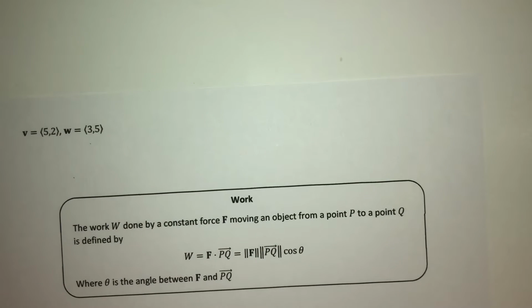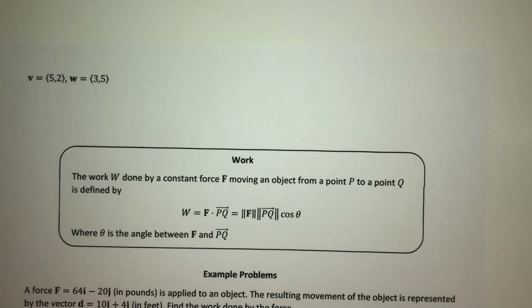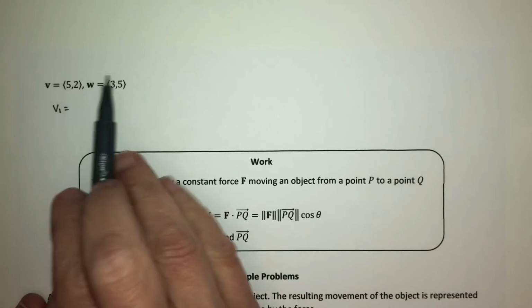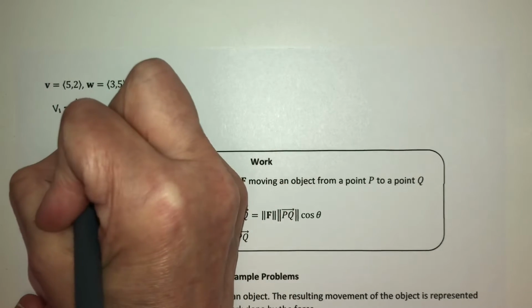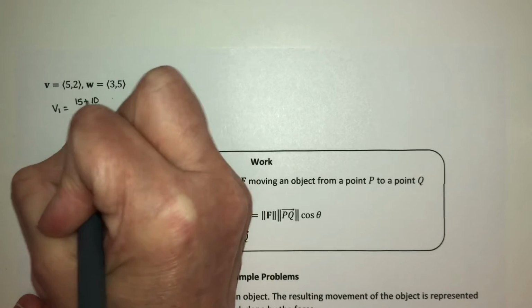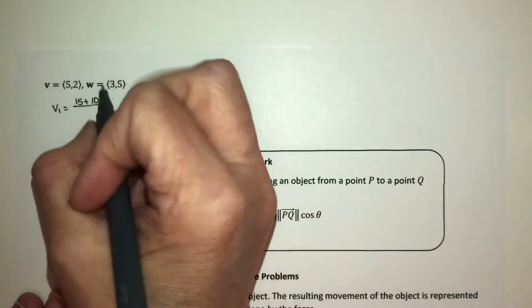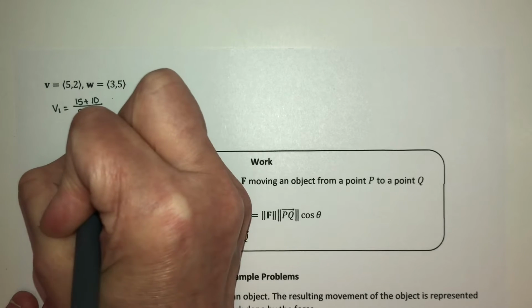Similar problem here. We want to find the decomposition of V with respect to W. So we're going to find V1, which is V dot W. So 5 times 3 is 15, plus 2 times 5 is 10, over the magnitude of W squared, which will be 3 squared plus 5 squared.